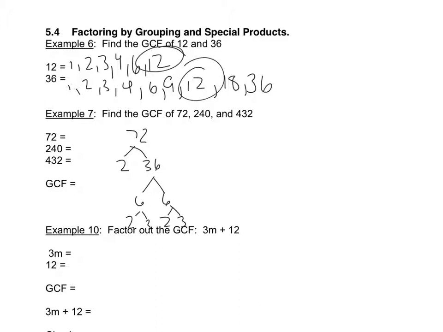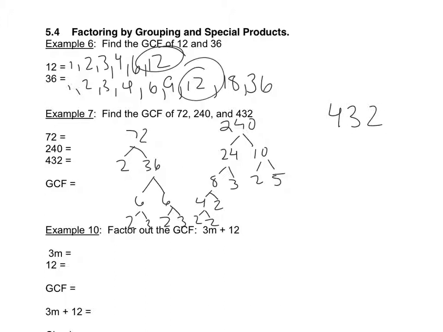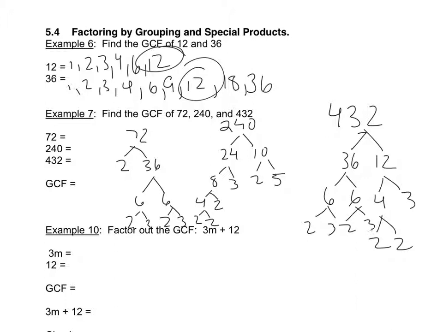And then for 240, I'm just going to go 24, 10, 2 and 5, 8 and 3, 4 and 2, 2 and 2. And then the 432, you have 36 and 12, 4 and 3, 2 and 2, 6, 6, 2, 3, 2, 3.